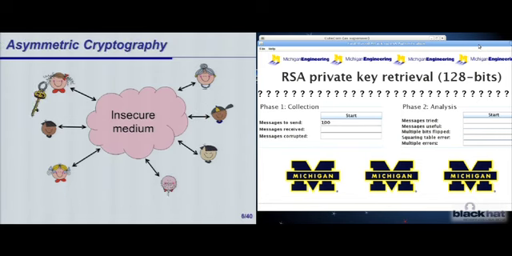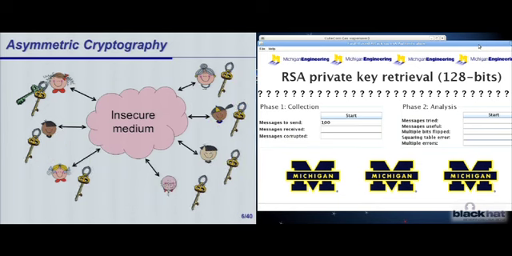In asymmetric cryptography, which is an approach to this problem, Anna will generate a set of 2 keys. They look like keys, but they're really just a very long string of bits, often 1,000 bits or so. It could be longer, it could be shorter. One of these keys is called the public key. The other is called the private key. Anna sends the public key to everybody, and she keeps the private key for herself.